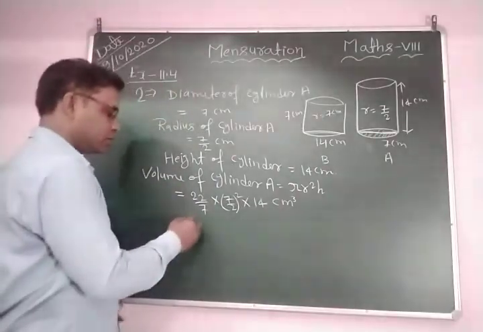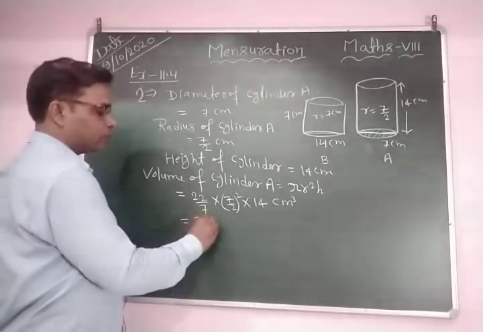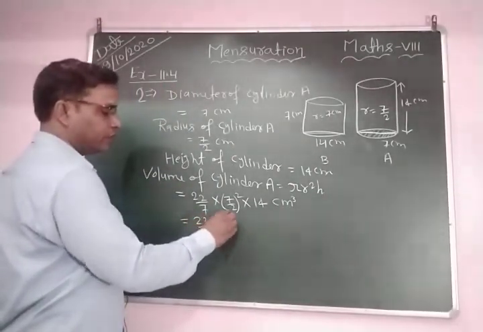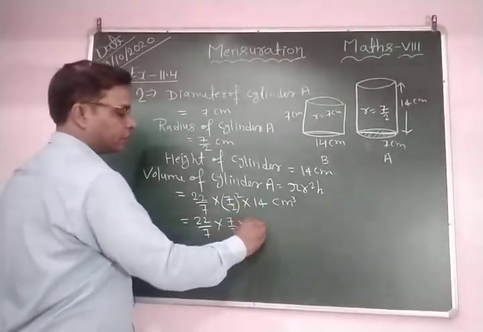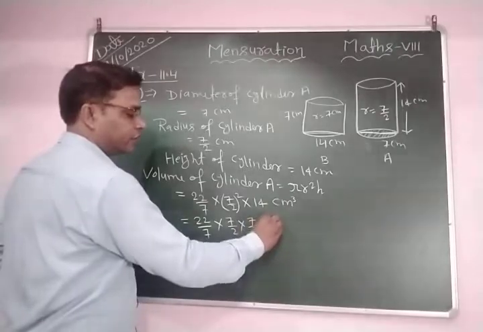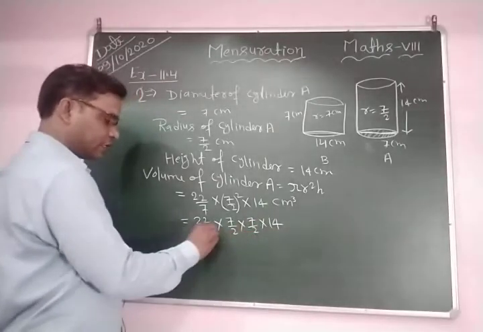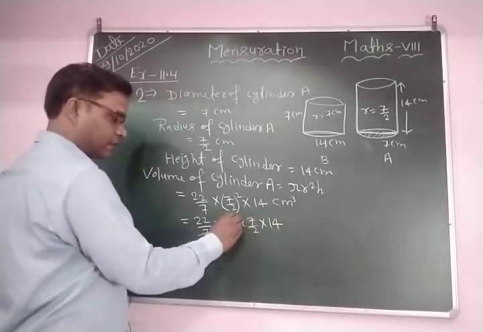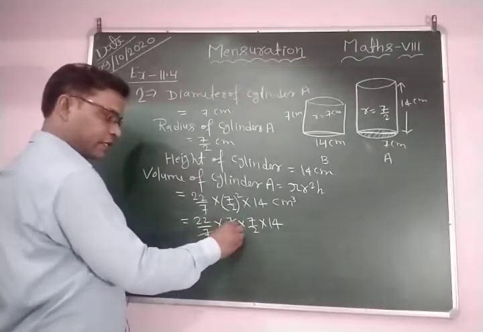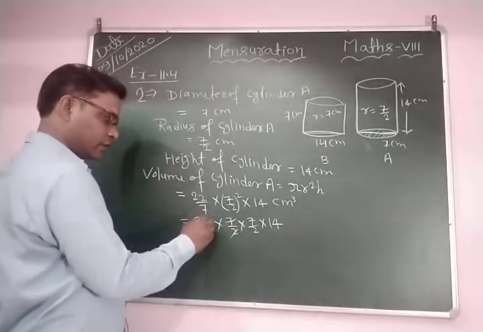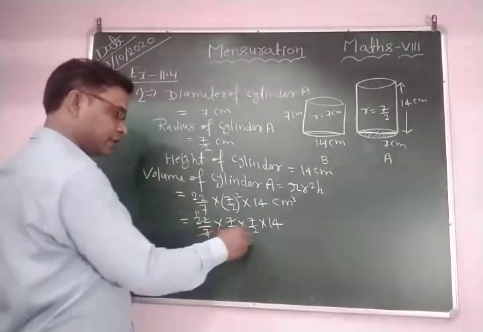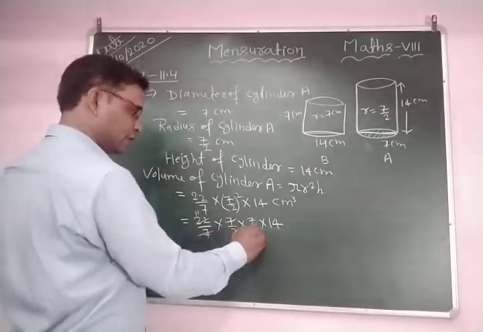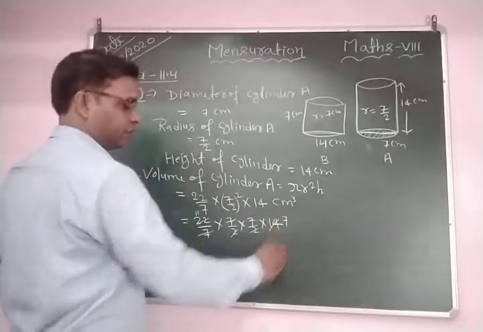So here you can write 22 by 7 into 7 by 2 into 7 by 2 into 14. You can cancel this 7 by this 7, and this 2 into this gives 11, and again you can cancel this 2 by 14.